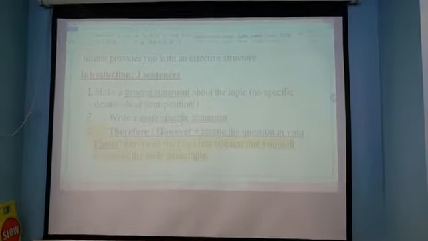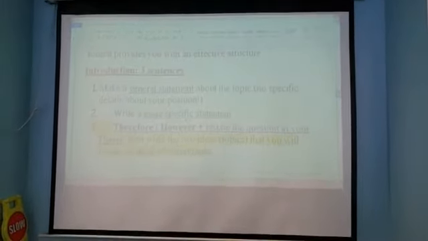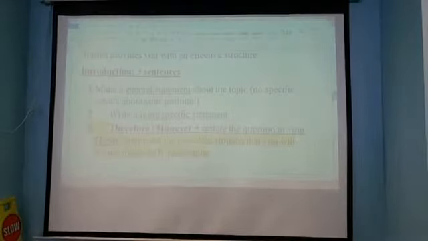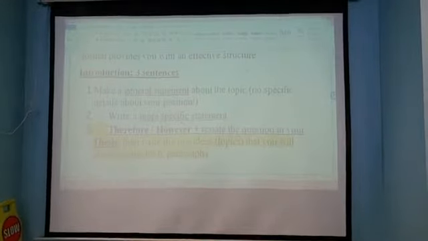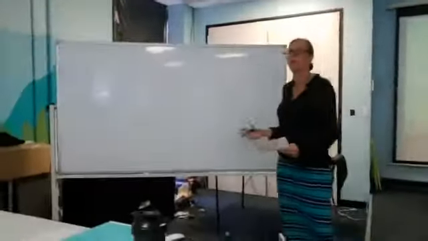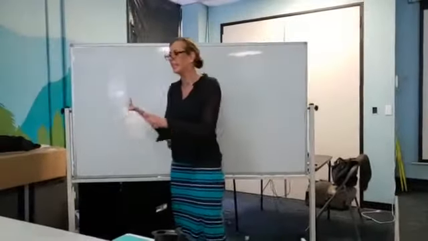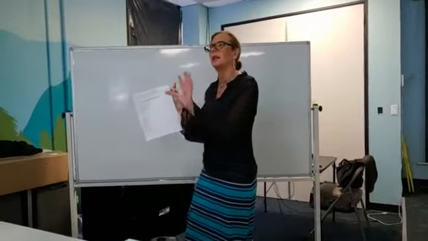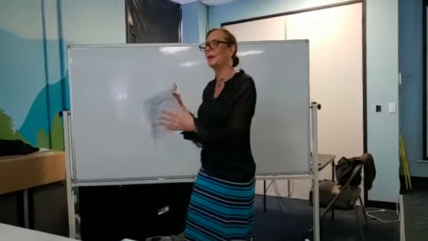What's the topic? Jobs, right? The topic is about jobs or careers. So let's start by making a general statement about our careers. I don't want to take any words from the question yet, because then it's going to be repetitive, right?